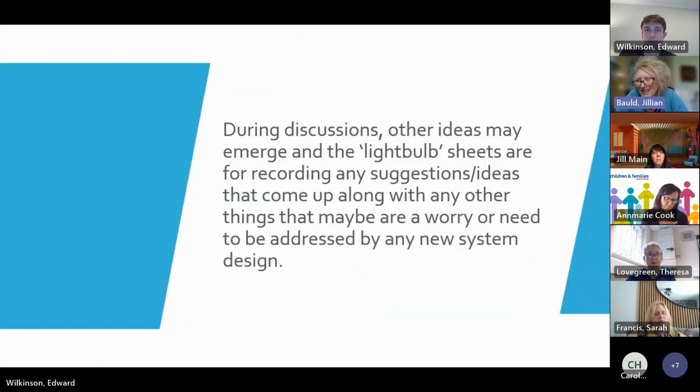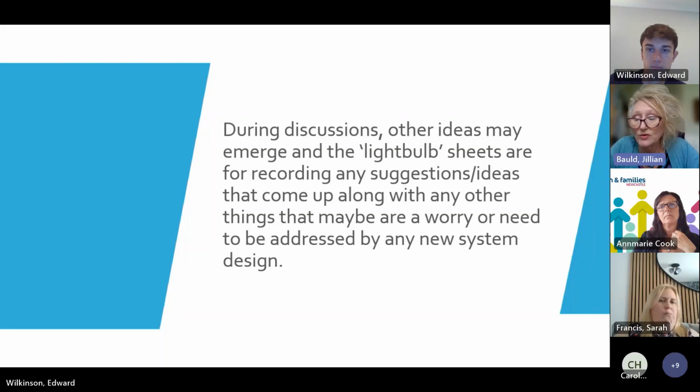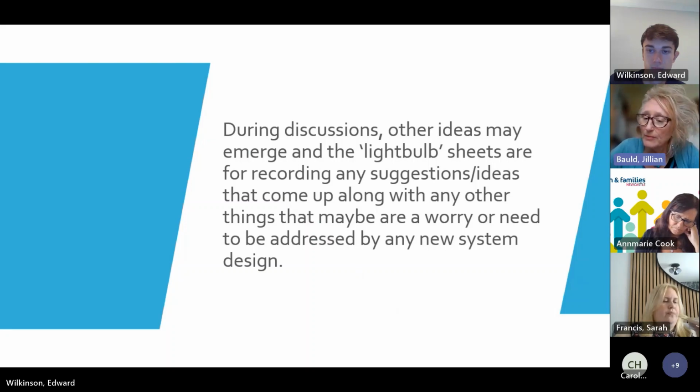So that whole idea about teasing out other things that might be important to our parents, because we know those are some of the top things that we've been told for that area, but we also have a little bit of a light bulb card where you could come up with any other things that might be a worry or need to be addressed, or comments about things that they really want to see working better for them, that would really help them or would have helped them, because you may well work with some families that are right on their journey in terms of supporting their child or young person through our systems.